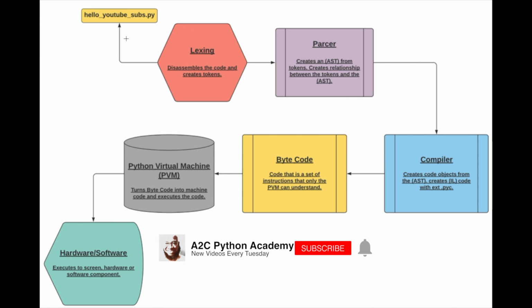Now, let's go into a little more detail as to exactly what's happening with each of these sections. The first step in the process is that your source code, hello_YouTube_subs.py, and my arrow is going in the wrong direction. It should actually be going in this direction here. That's okay. This source code is passed to a process called lexing. The lexer disassembles the line of code and creates tokens. The tokens are then sent to the second step, called the parser.